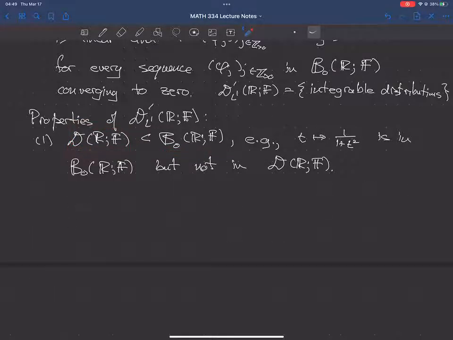So in other words, you expect the duality to reverse the inclusion.